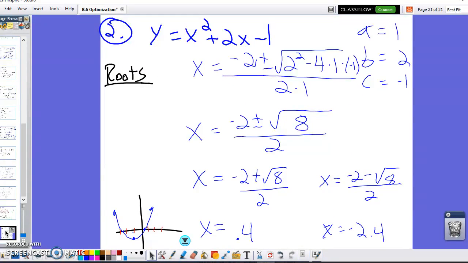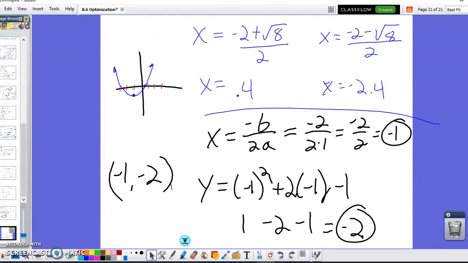We also have this little formula. Again, the formula always works: x equals negative b over 2a. It'll average the roots for us, so this always works to find the x-coordinate. Plug it into the original equation and find y. Okay, that's all we need to do. Then sketch what our parabola is going to look like.